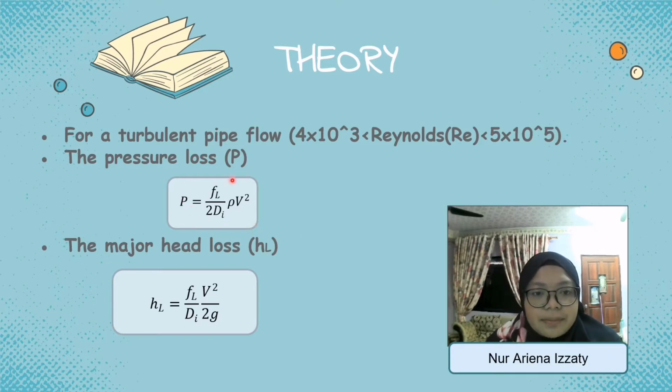For the pressure loss, ΔP, the pressure loss between 2 points is equal to the friction coefficient over the inner diameter, times the density of the flowing medium, and V squared, the square of the speed of the flowing medium. For the major head loss, HL is equal to the friction coefficient times the square of the speed of the flowing medium over the inner diameter, and also the gravity constant times 2.